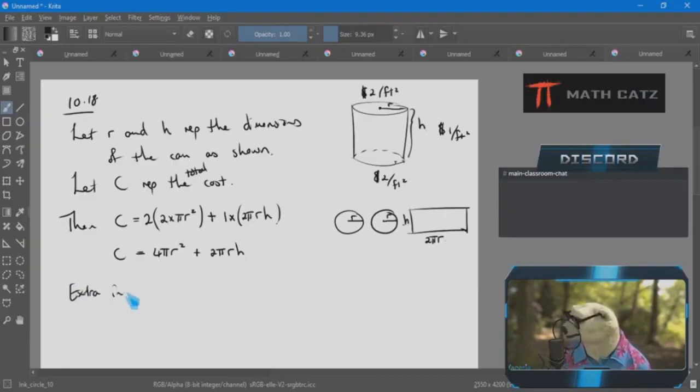Extra information is that I have to have a volume that is 16. Now, what is the volume of this can? This is a circular prism, which means the base, I have sides perpendicular to the base, and the top face is also the same as the bottom. So it's then the area of the base times the height.